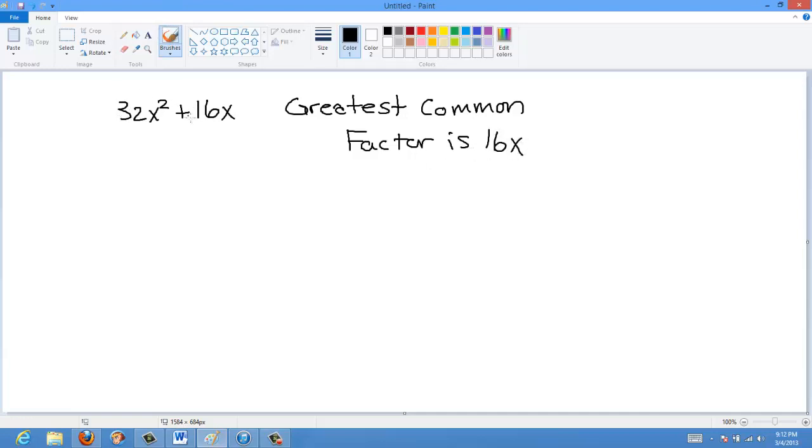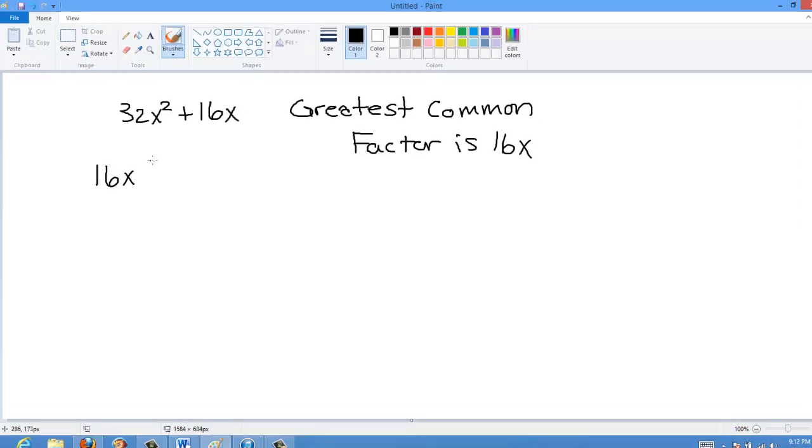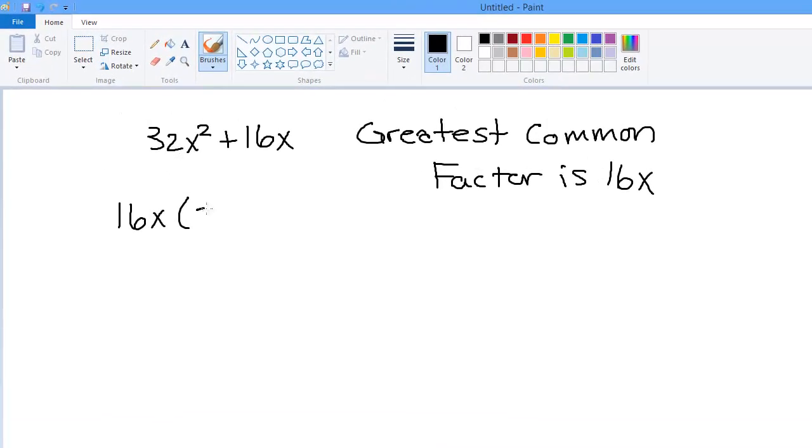Okay, so they're both divisible by 16, and they're both divisible by x. So what I can do is pull a 16x out. Okay, what I'm left with here is 2x plus 1. Okay, and that's it. So really what you're looking for is the greatest common factor.